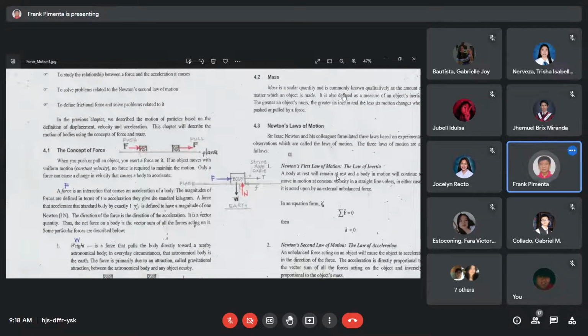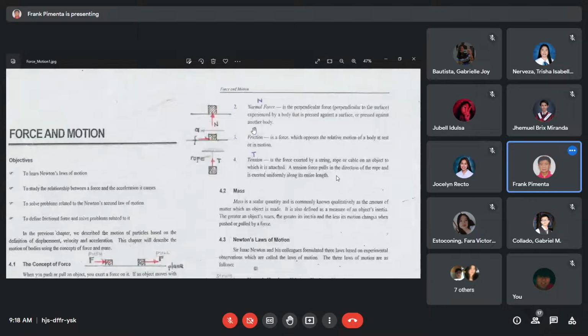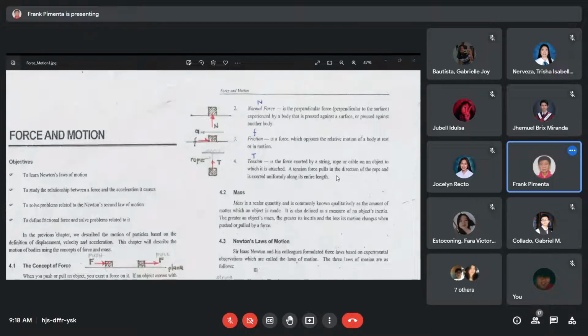Next force is normal force. It is denoted by capital letter N. Wait, before we proceed further, do you have any question with regards to the concept of weight and force?